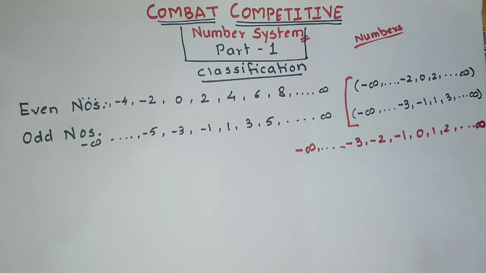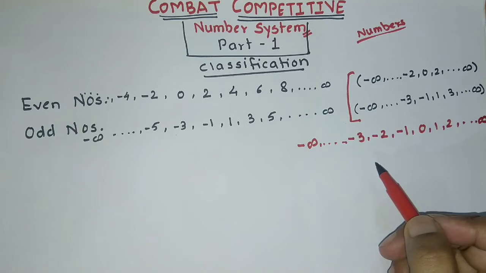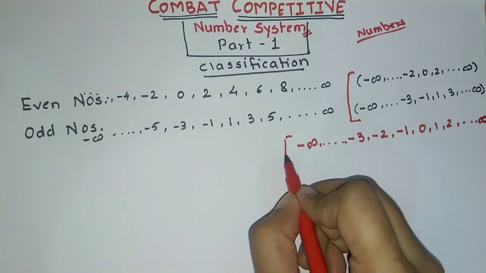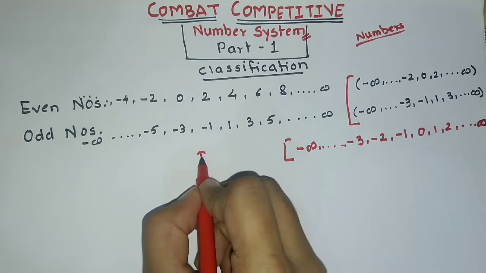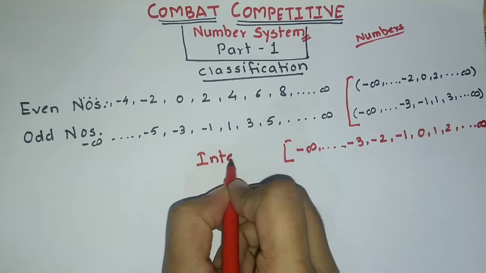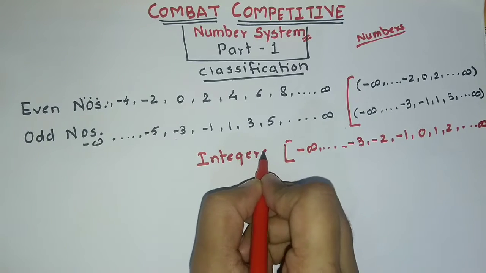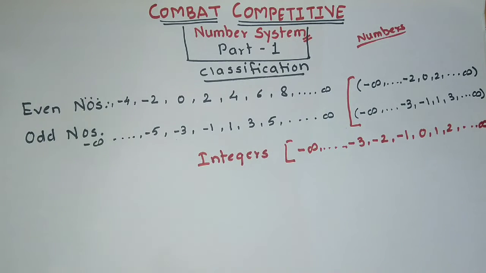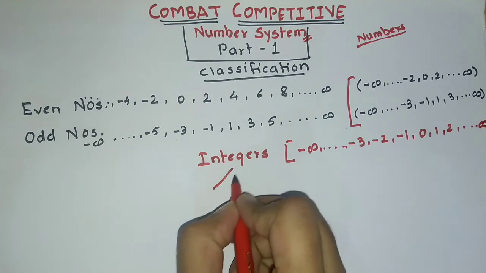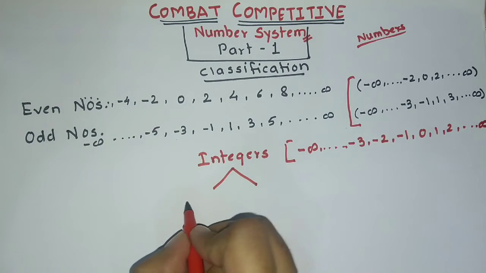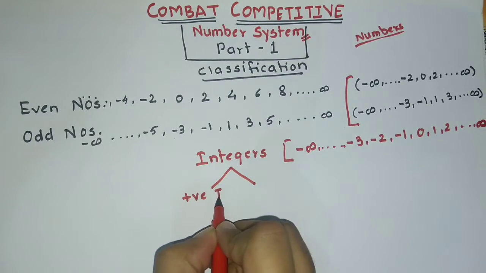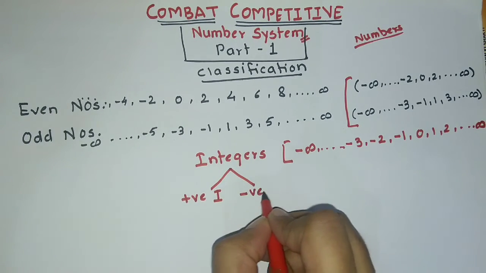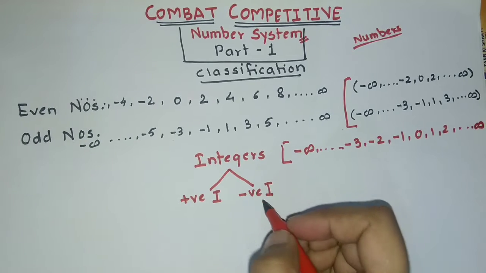If I write these two groups together, then these are called integers. Now, these integers are further classified as positive integers and negative integers.